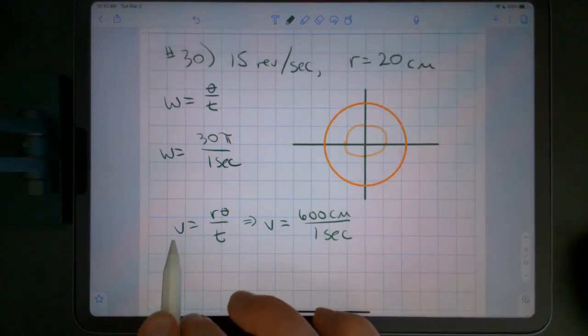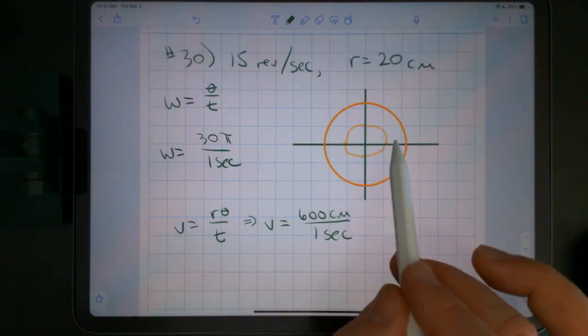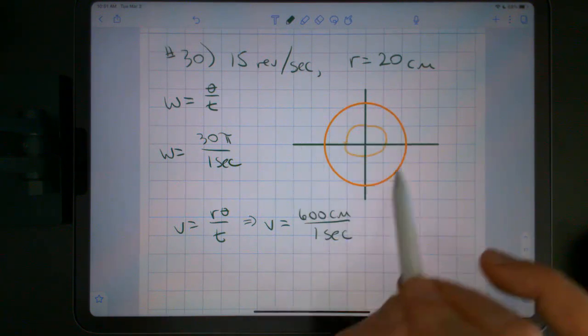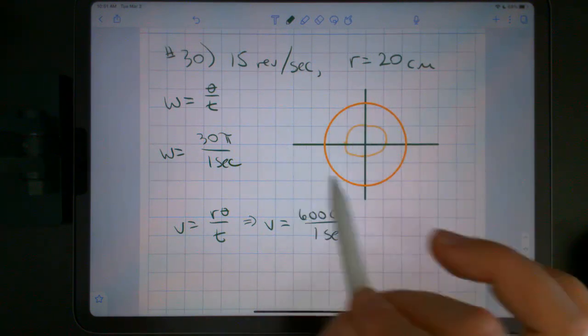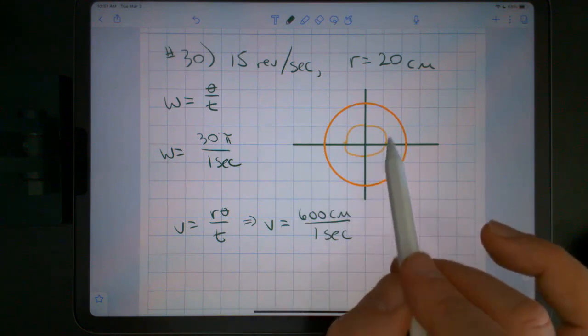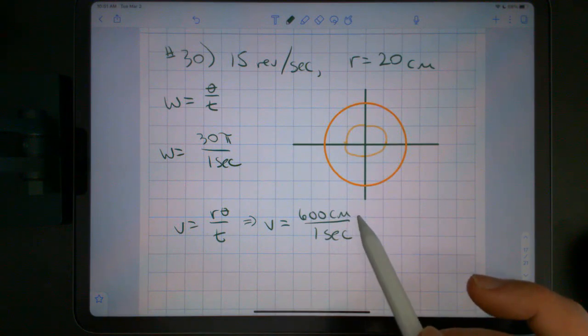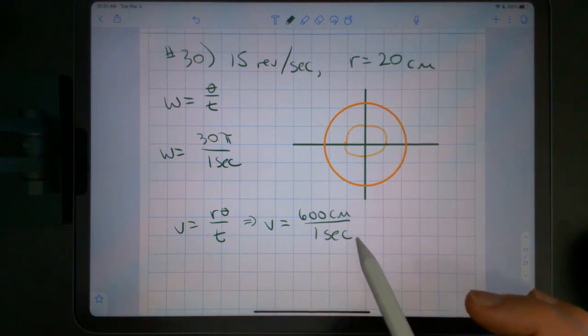So the velocity, how fast it's going, is the radius, which is 20, times your theta, which is 30 revolutions. 30 revolutions times 20 is 600. Centimeters is your distance, and that's the frequency, your per second.